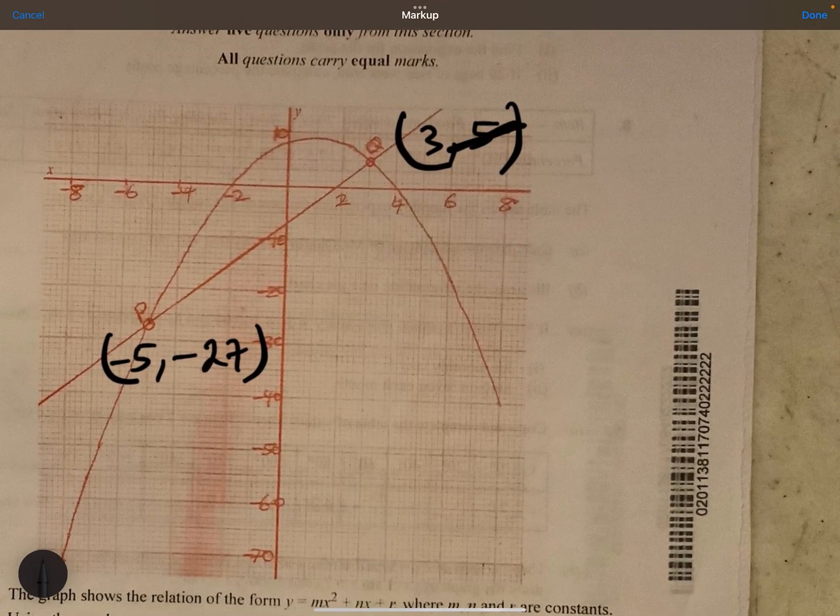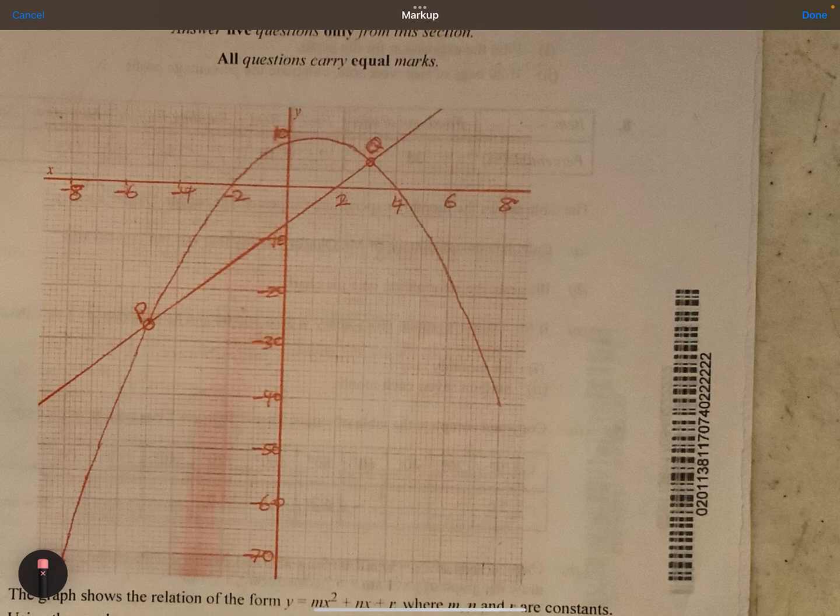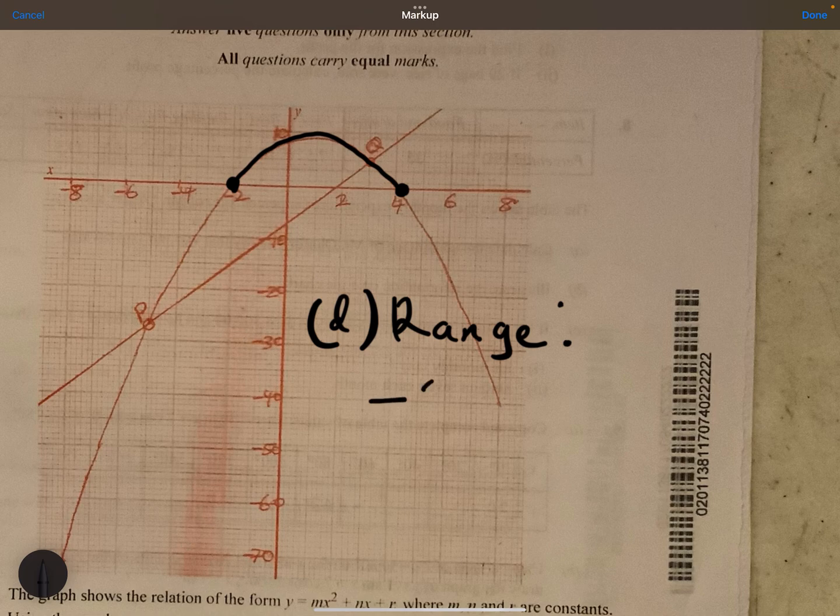This is where y is greater than 0, and it's between minus 2 and 4. So the range of values of x for which y is greater than 0 is minus 2 less than x less than 4. That's it, very simply.